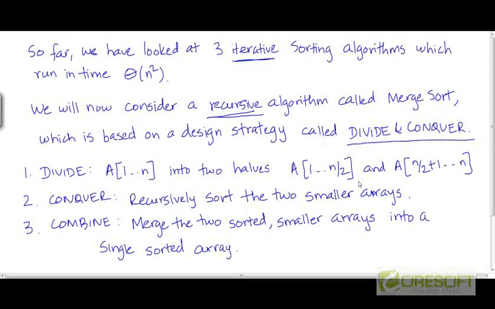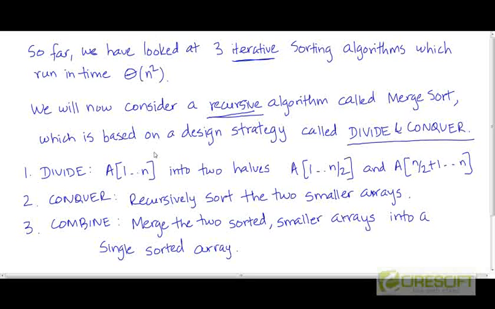The design strategy that we are going to use, called divide and conquer, will be taken up in far more detail later on separately. For the purpose of understanding merge sort, I'll just describe the strategy very briefly. When you have a problem of size n, one way to design an algorithm is to split the problem into multiple subproblems.